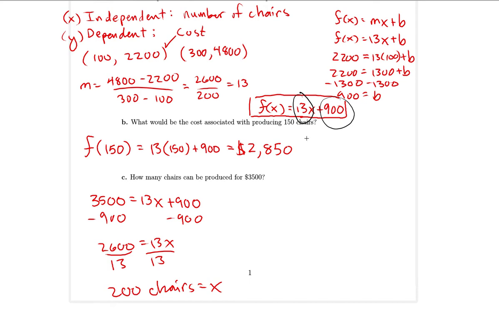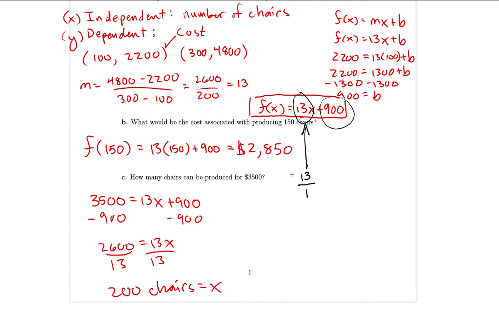So understand that what is the slope? It's the change in y over the change in x. So, in other words, the change in cost over the change in the number of chairs produced. So, first of all, slopes we often think of as fractions, as you can see up here. So let's force this to be a fraction.